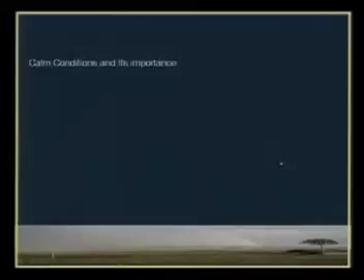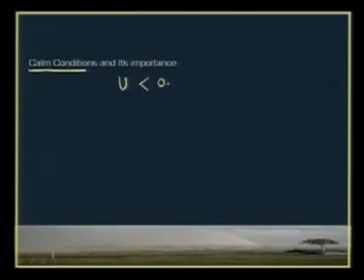You must be wondering what a calm condition is, because we always have wind, but there are certain conditions which we call calm conditions. Calm conditions are there when the wind speed, which I am representing as u, is less than 0.5 meters per second. That we call calm conditions.